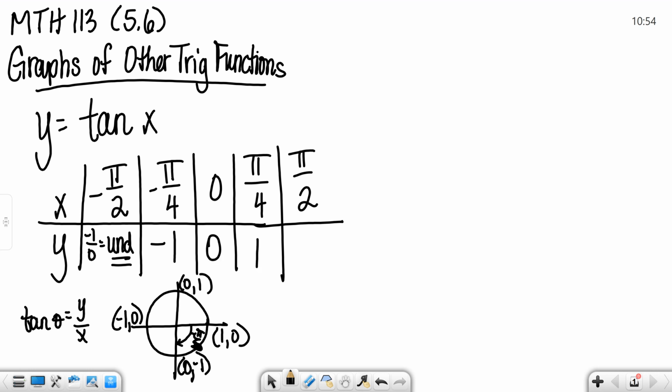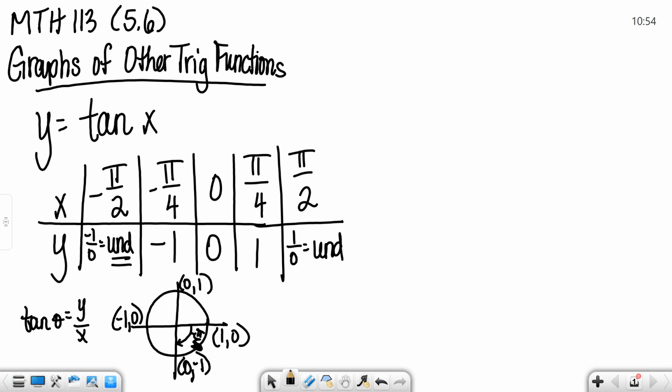And again, when you get to pi/2, that ordered pair, you would get 1/0, which again is undefined. Okay? So if you're struggling with the -pi/4 and the pi/4 because you don't see those ordered pairs, then jump to the hand trick to help you figure out the tangent at pi/4.